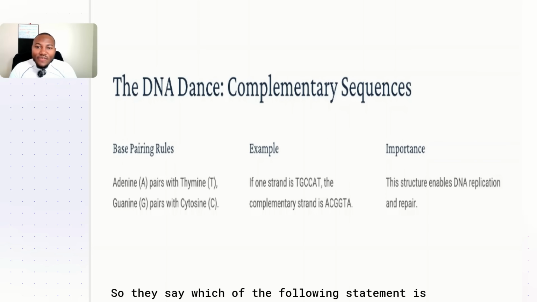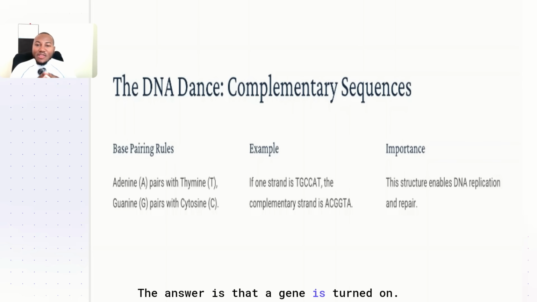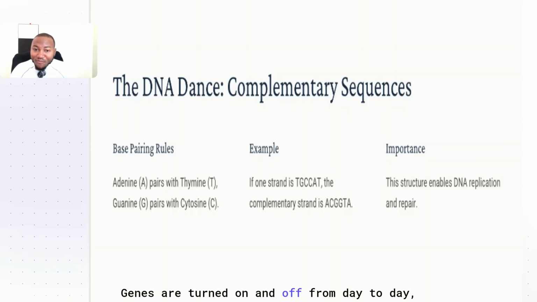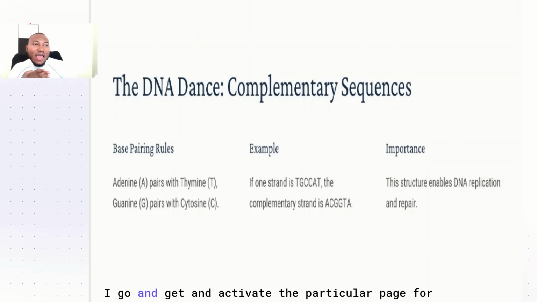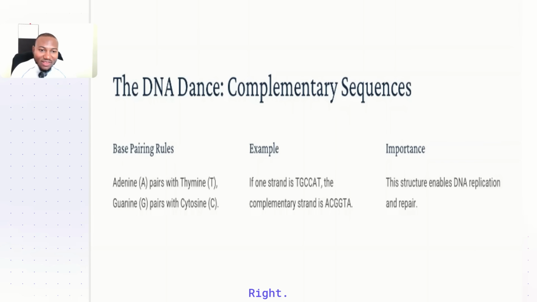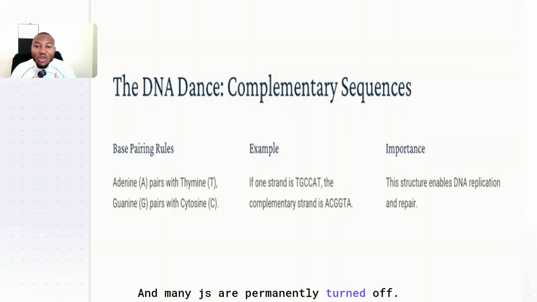So the answer is that once a gene is turned on, it is activated in all cells, because that is false. Genes are turned on and off from day to day, even hour to hour, as their products are needed. I want to cook rice, I go and activate the particular page for rice. Many genes are permanently turned off.